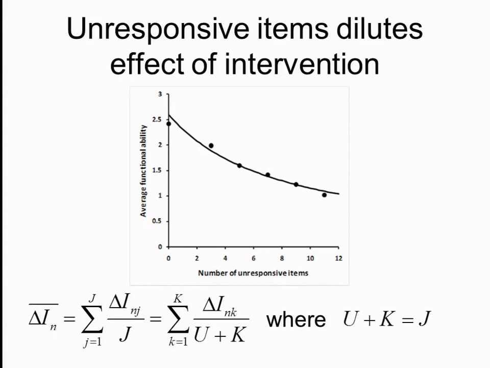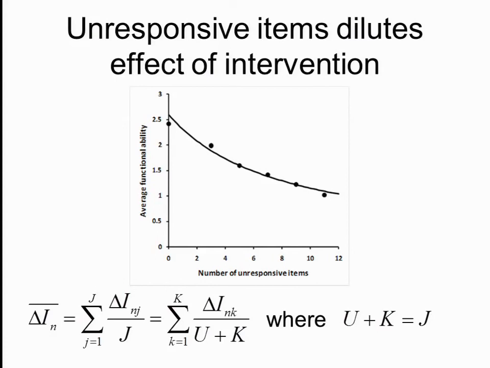K is the responsive items. There are 8 of those, and we're taking the average just over the K items that are responsive. That's legitimate because delta I is 0 for the unresponsive ones, so whether you include them in the average or not, you get the same average.